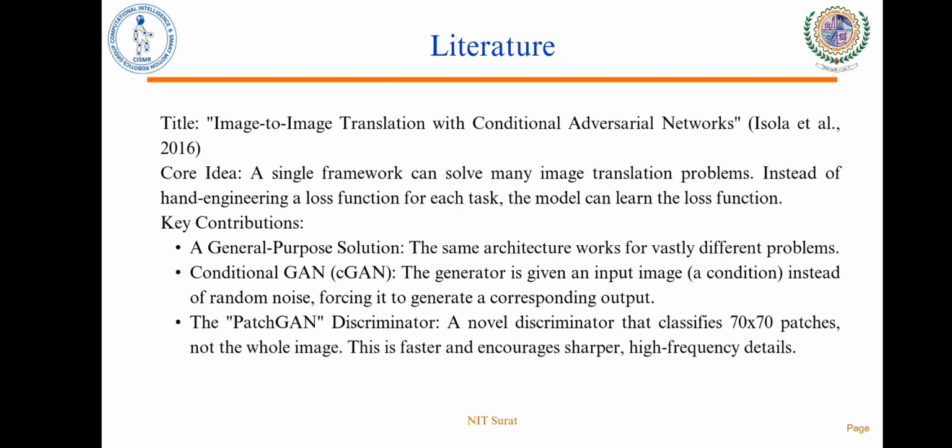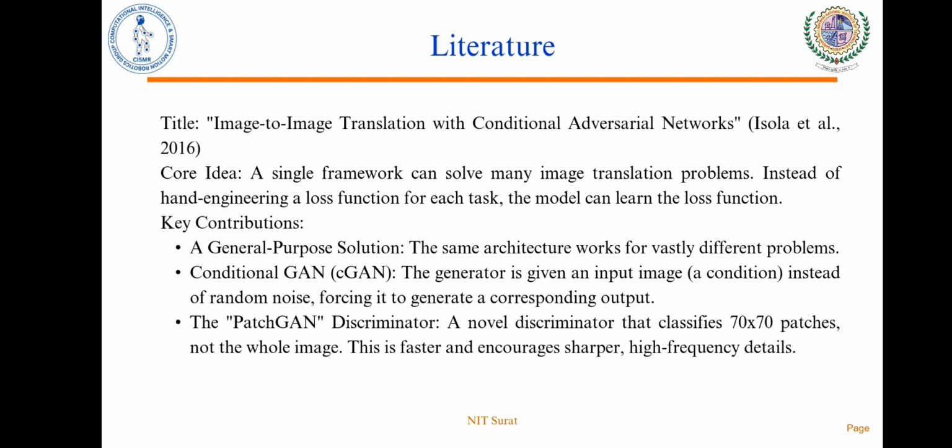Then literature. In literature, it is a summary of the paper. The title of the paper is Image-to-Image Translation with Conditional Adversarial Networks by Isola et al., 2016. The key idea is that instead of designing a specific loss function for every image translation task, we use a single cGAN framework that learns directly from data.